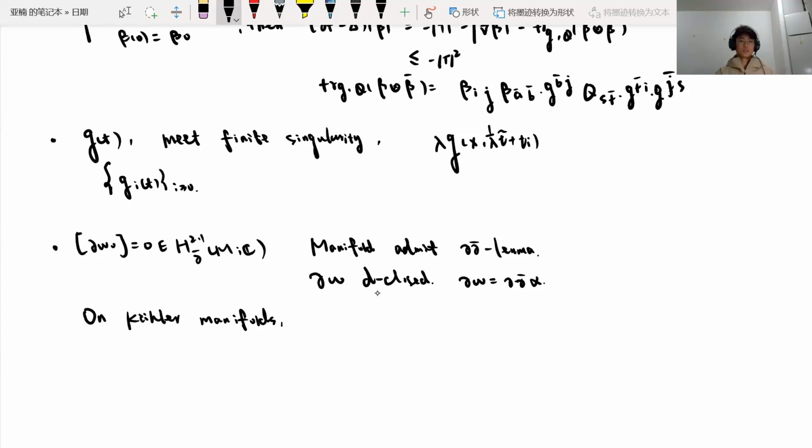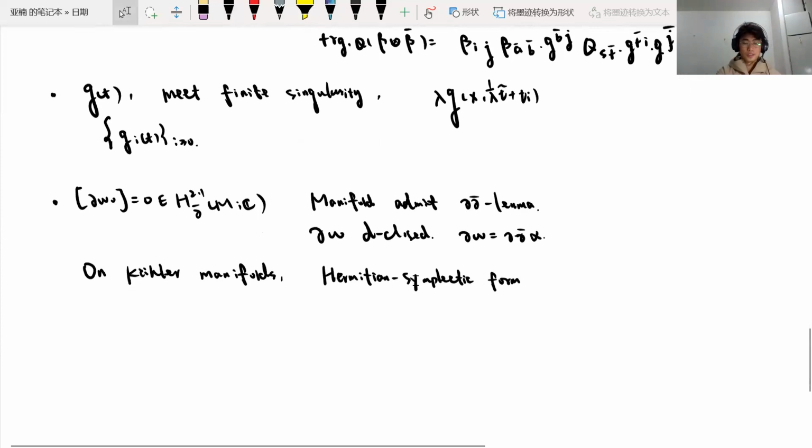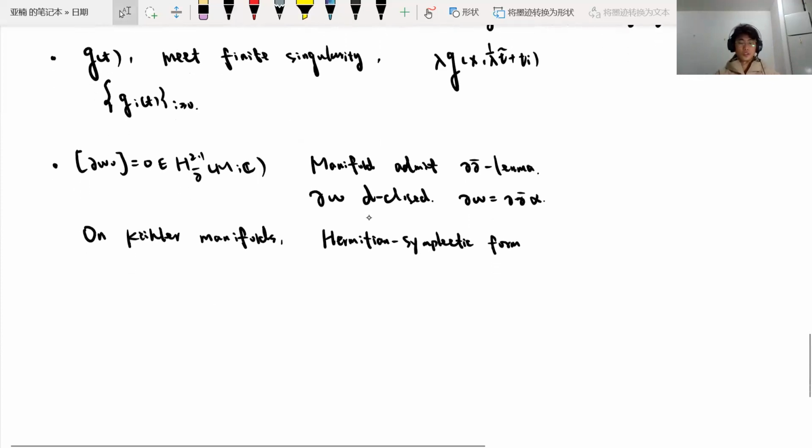And this is also true for the Hermitian symplectic form, since in the definition, one of the conditions of the Hermitian symplectic form is that we need a trivial form that satisfies this equation.